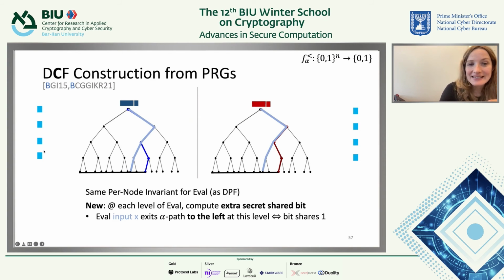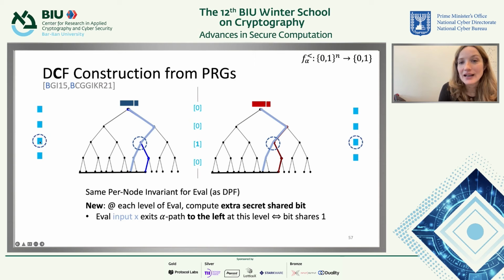And it's going to be the case that the first moment that the input departs from the special path to the left, to the left because I'm interested in less-than comparison, so being less than means I need to either be exactly alpha or go to the left from alpha. The evaluation on an input x exits this alpha path to the left at some level exactly if I get secret shares of 1.